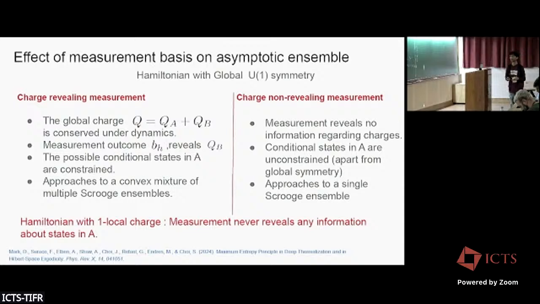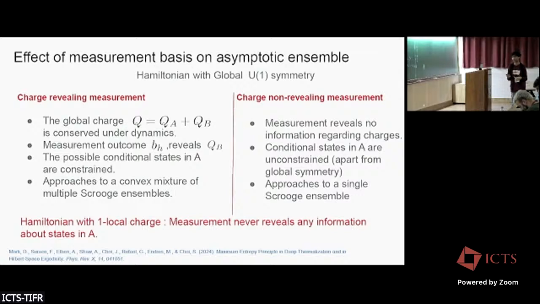It is known that for such systems, the projected ensemble converges to a mixture of multiple Scrooge ensembles. On the other hand, if you measure in some charge non-revealing basis, then it approaches a single Scrooge ensemble. What do I mean by charge revealing and charge non-revealing measurement? If your conserved charge is the sum over sigma z, then a charge revealing measurement is measuring in the z basis.